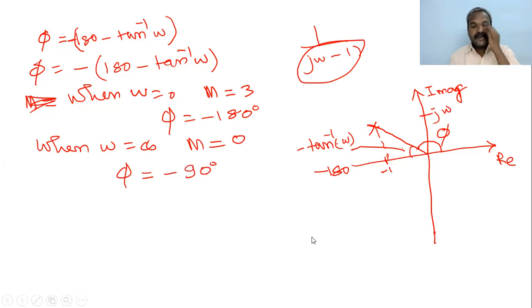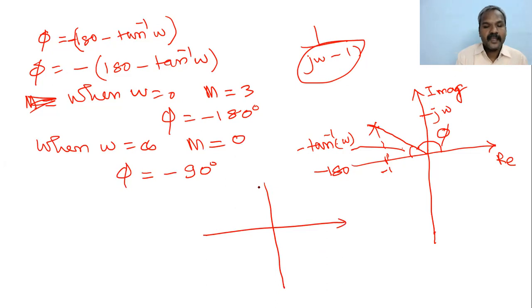So now we can easily plot the polar plot. When omega is 0, the magnitude is 3, at a phase angle of minus 180. So the polar plot starts from 3 here and ends at minus 90 degrees.